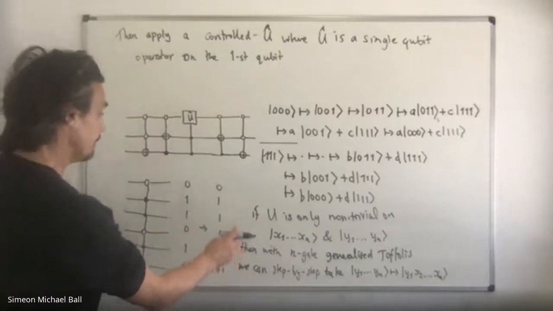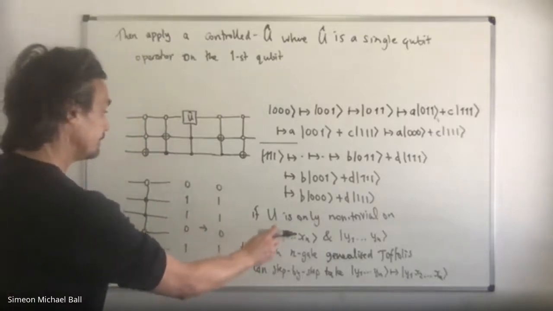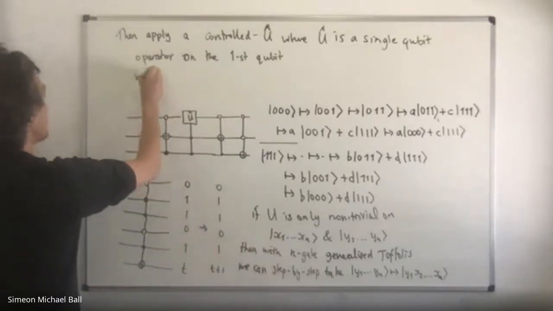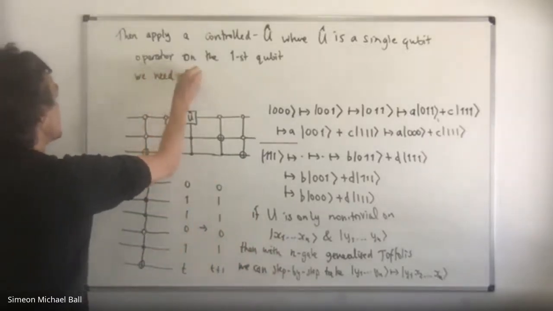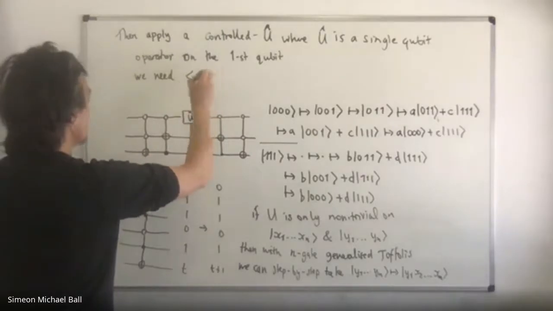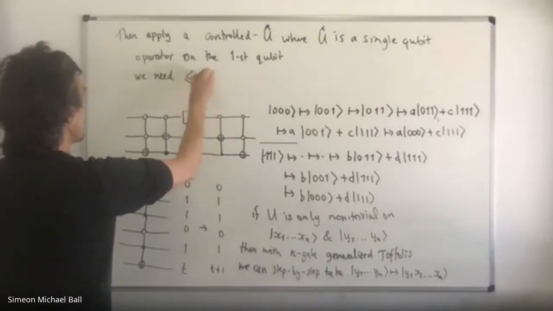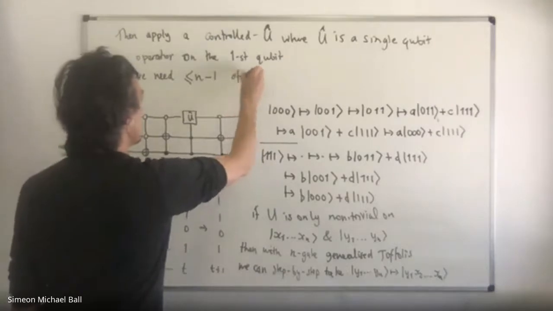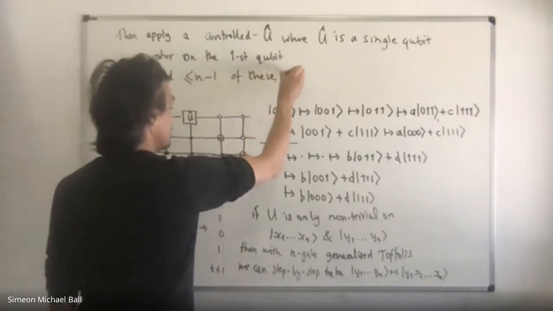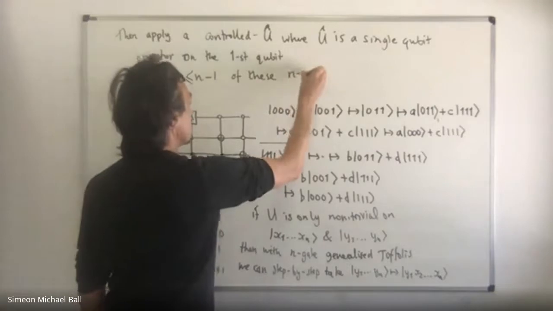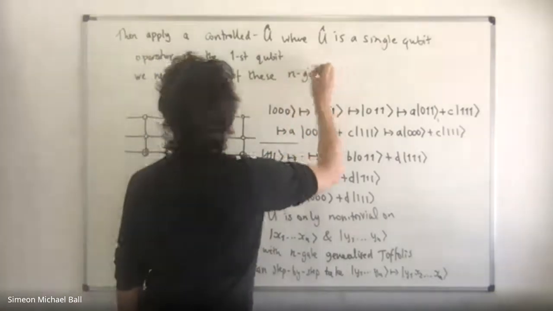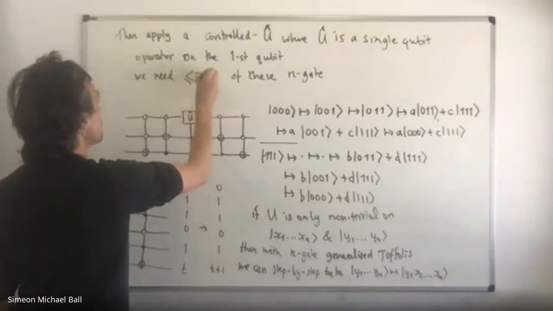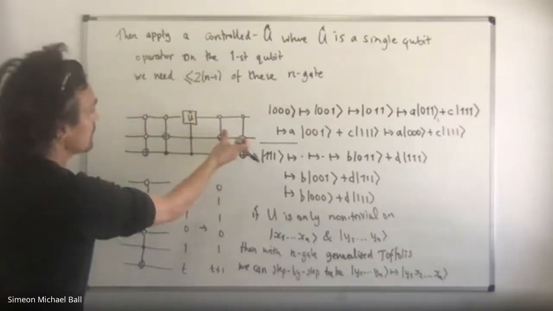In fact, it's less than n, it's n minus 1 of these generalized Toffolies. Well, it would be 2 times that, of course, because you need to undo it at the other end.